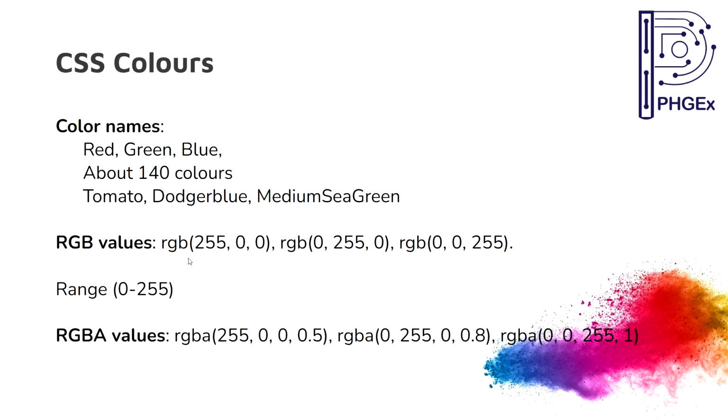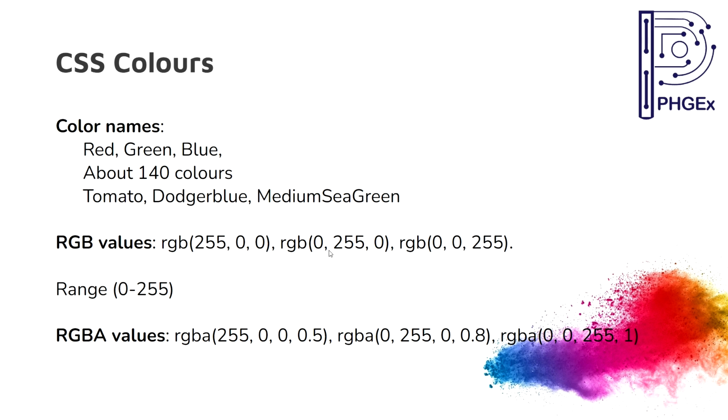So in a situation where we have 255, 0, 0, it means that the color that is going to display is red, because in RGB we have red, green, and blue. So we have 255 units of red, 0 units of green, and 0 units of blue. So this color is going to be red.